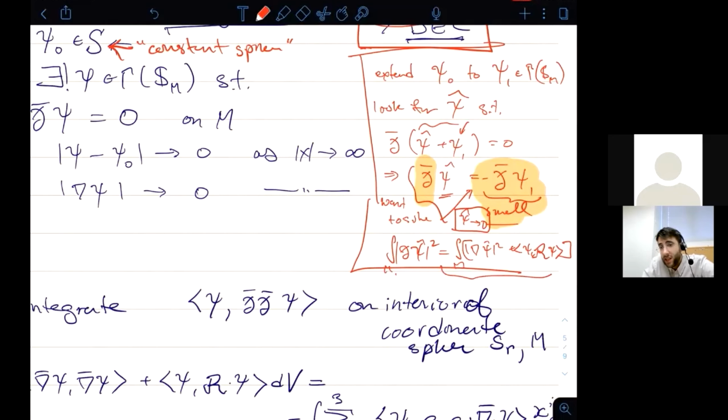And also notice that if you have something in the kernel of Dirac bar that goes to 0 like this, the right-hand side is non-negative, as we just mentioned, by the dominant energy condition.